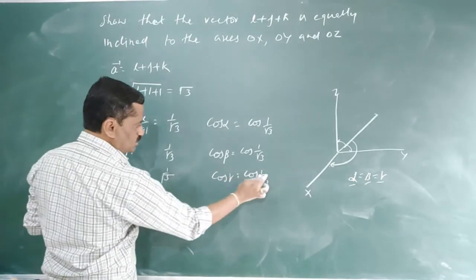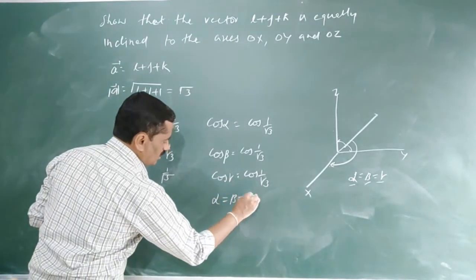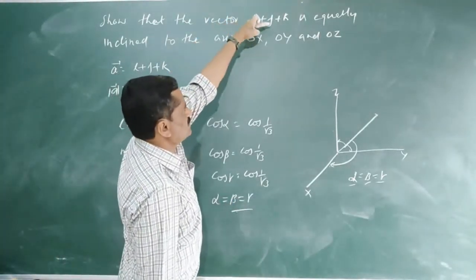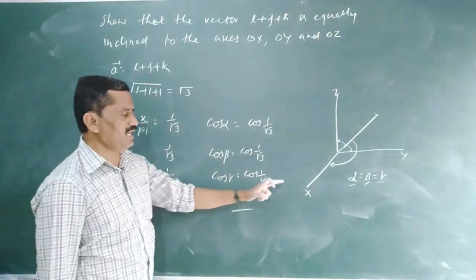Again cos beta is equal to 1 divided by root 3. Again cos gamma is equal to 1 divided by root 3. Therefore alpha is equal to beta is equal to gamma. Therefore the vector i plus j plus k is equally inclined to the coordinate axes.